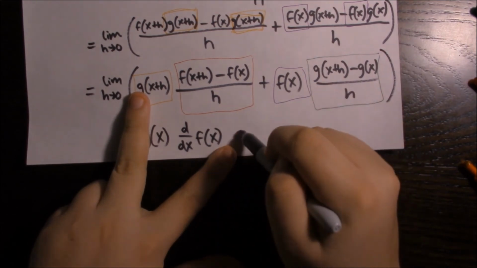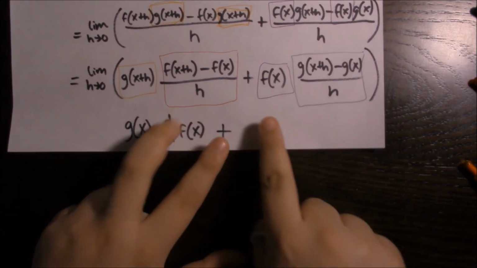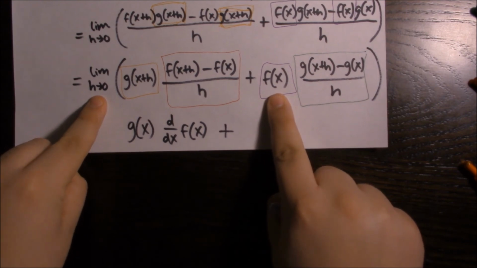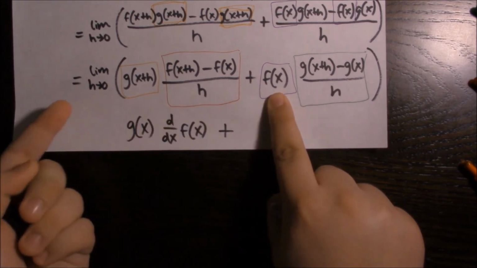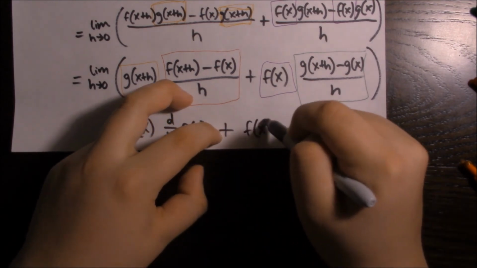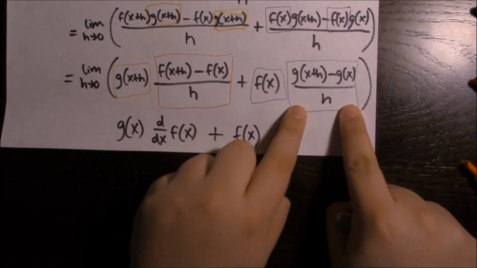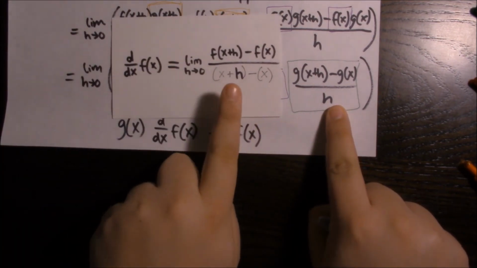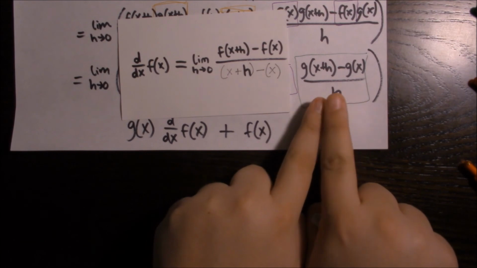Now for our second term, I'm going to bring this plus sign down, and f of x as h goes to 0 is going to just be f of x, because h doesn't even affect this at all. So this is still f of x. And this last term here, you may notice, is the limit definition of the derivative again, except this time it's with g of x.